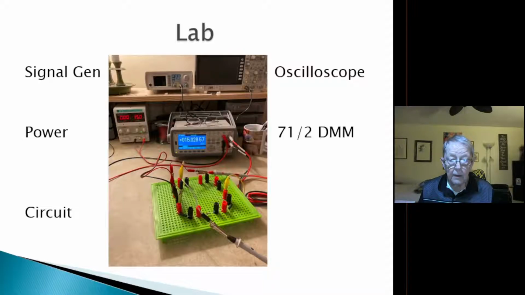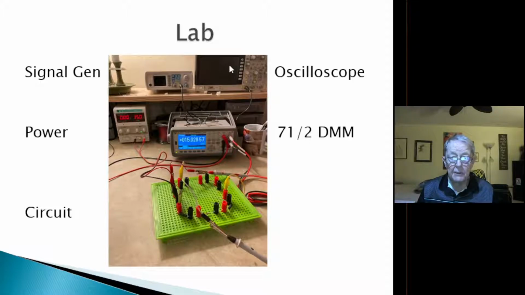And by the way, so you know, this is my lab right here in my bedroom. As I'm sitting here, to my left is a bookcase, and behind the bookcase is a card table, and this is the card table, and this is my setup back there. I have a signal generator, which I'm not using for this experiment.